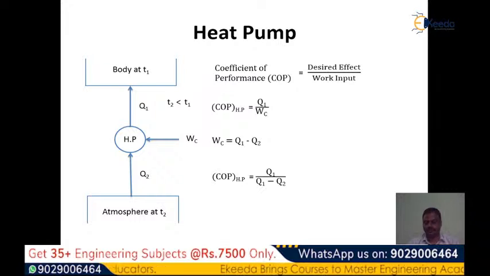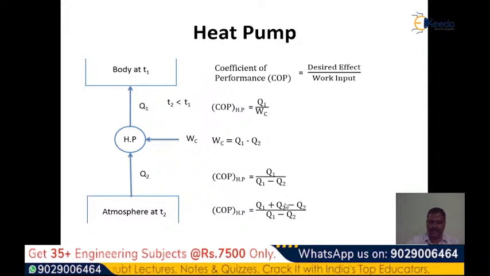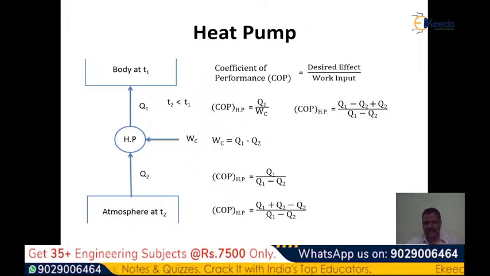To proceed further, I will add and subtract Q2 to this numerator. So this will be Q1 plus Q2 minus Q2 divided by Q1 minus Q2. That will not make any difference if we add and subtract this Q2 to the expression. Then we have the arrangement Q1 minus Q2 plus Q2 divided by Q1 minus Q2. We have just rearranged, that's all.